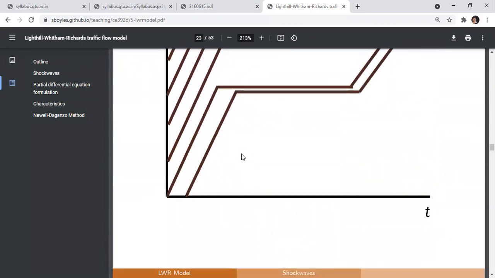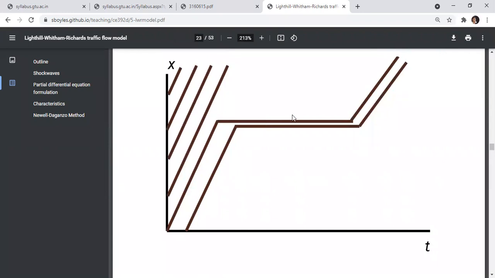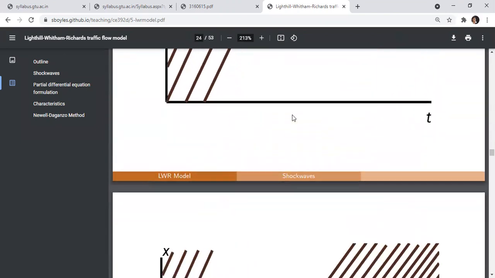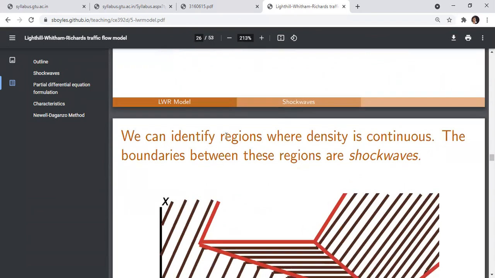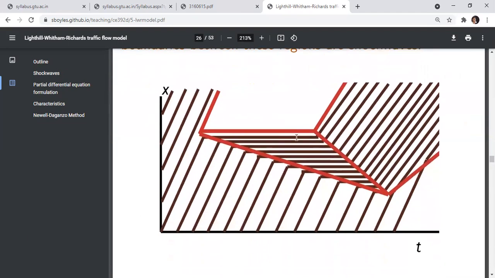If the first car stops suddenly, the successive vehicles stop at a particular section or location. Due to that phenomenon, the road section is already occupied by vehicles, whether they are moving, stopping or in the resting position. So we can identify regions where the density is continuous. The boundaries between these regions are the shock waves.